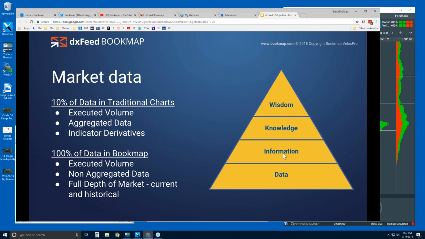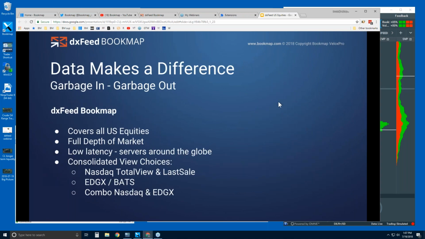Then based on that information that you read from the data, you start to move into knowledge, an understanding of what that information means. From that, you really start to understand and anticipate what's going to happen, and that leads to the top of the pyramid, which is wisdom. So data makes the difference here. Without good data, it's garbage in and garbage out.